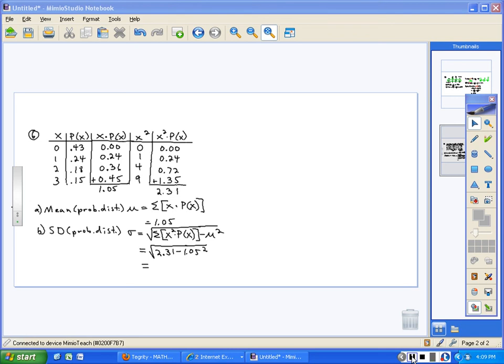And that comes out to be, I'm going to show you the in-between step, the square root of 1.2075, because you don't round anything off in the middle. And it ends up being, I'm going to round to 1 decimal place, 1.1.